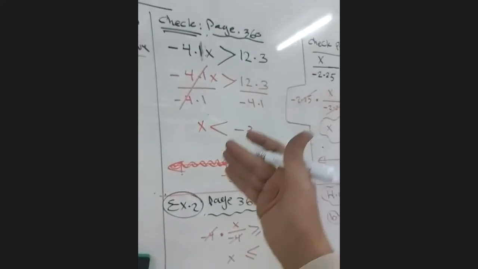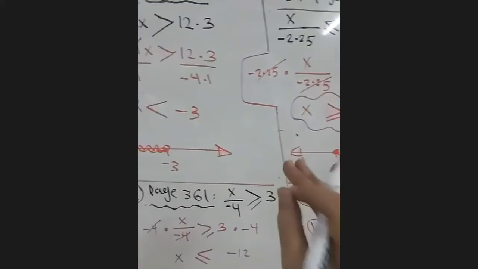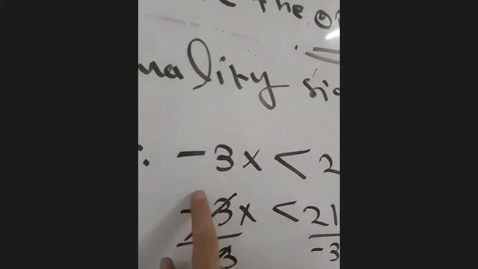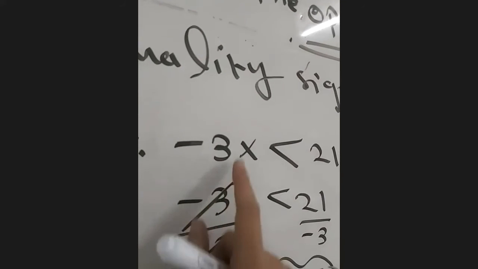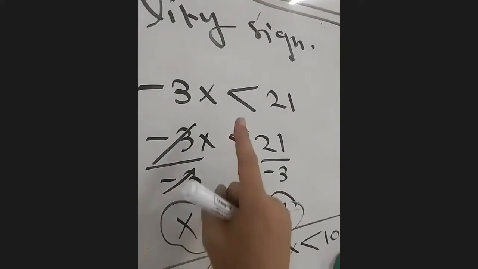Now the idea here, guys, is like what we did here. We solve inequalities and we graph them. Don't forget, guys, an important thing: if you have a negative coefficient and you divide by it, you flip the inequality. Don't forget that. It's very important. Okay, guys?